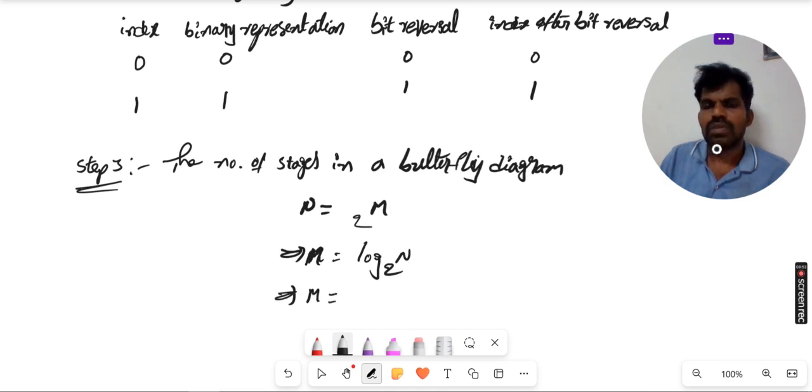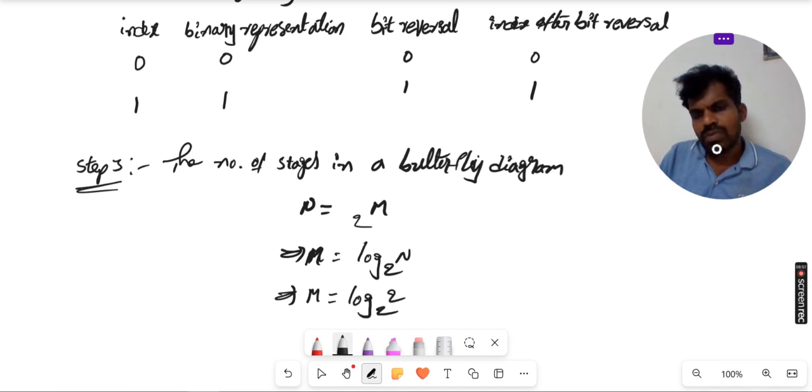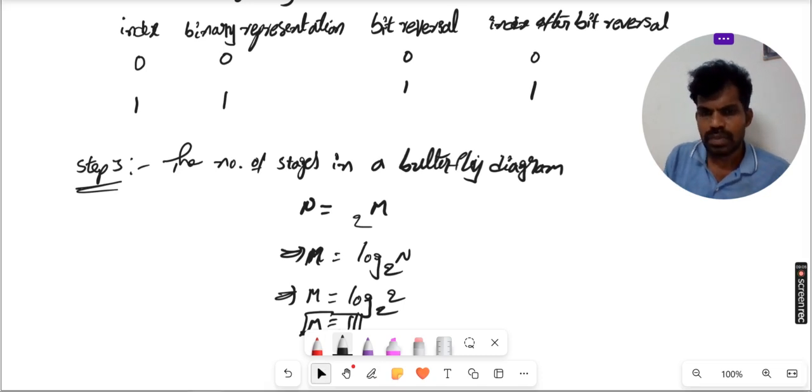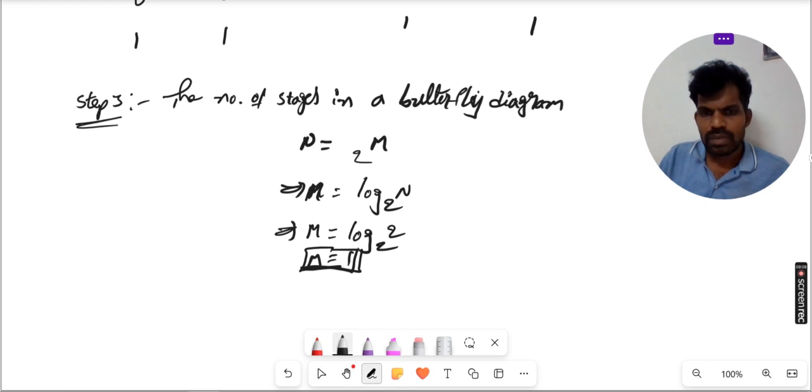What we know is log 2 base 2, which is equal to 1. That is the number of stages. One stage.